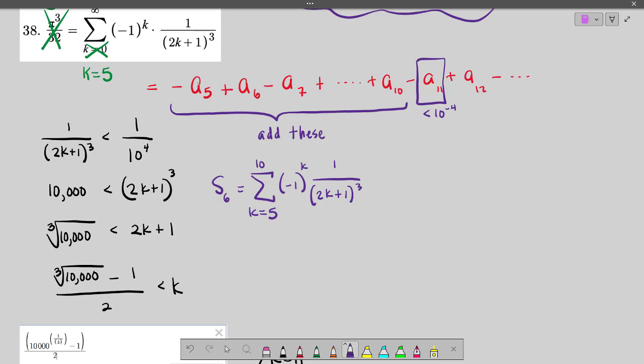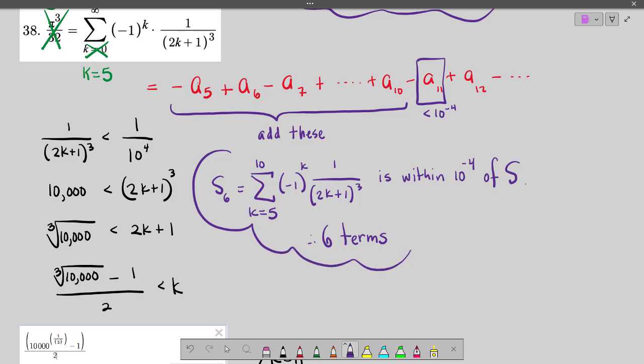And that is within 10 to the negative 4 of, we don't know what s is anymore because we changed the series. So we changed the sum of the series. So we're adding 6 terms. The big question said how many terms do we have to add together? So that would be 6 terms to give us a result that's within 10 to the negative 4.